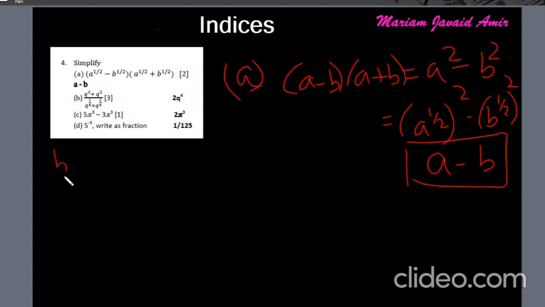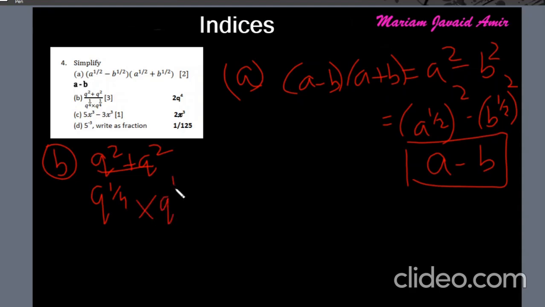Part B, q square plus q square over q power 1 over 4 times q power 1 over 4. So this gives 2q square over q power 1 over 4 plus 1 over 4.